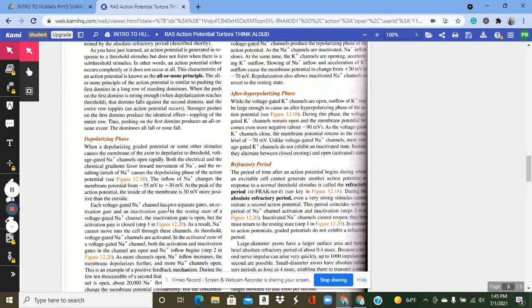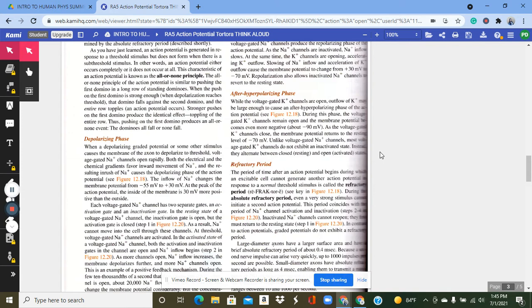So the after-hyperpolarizing phase, while the voltage-gated potassium channels are open, outflow of potassium may. Okay, I can't clearly read this slide here, but I'll try to assume what it's trying to say. Outflow of potassium may be large enough to cause an after-hyperpolarizing phase of the action potential.